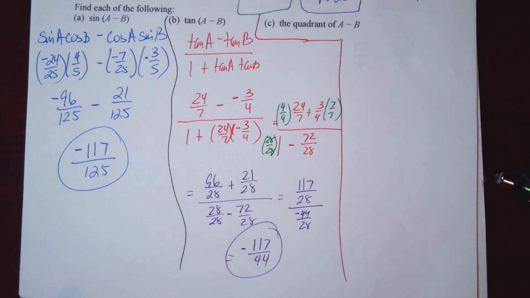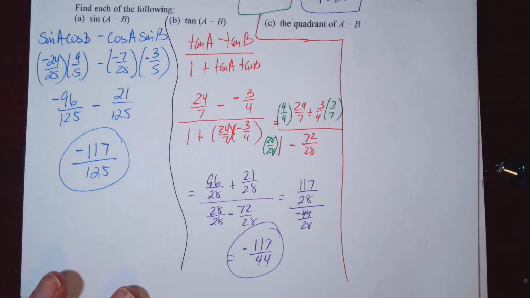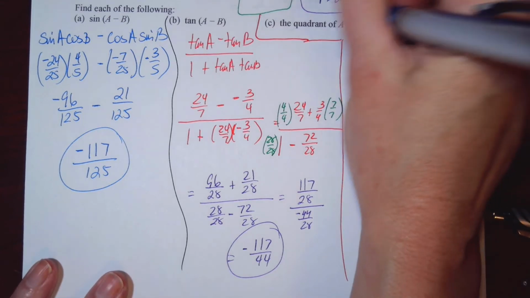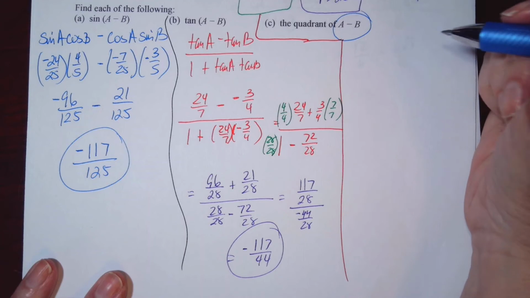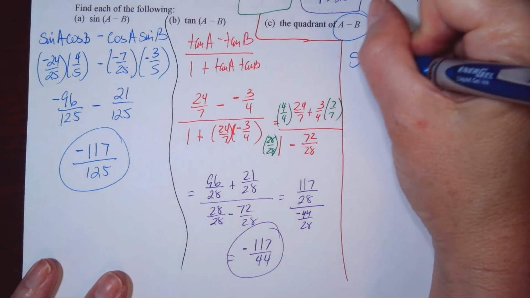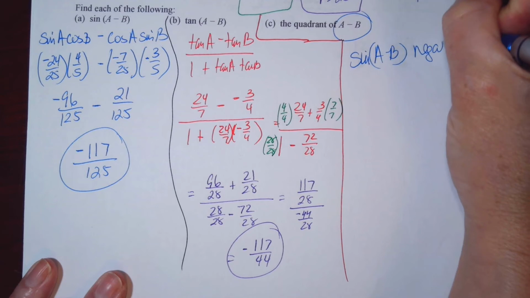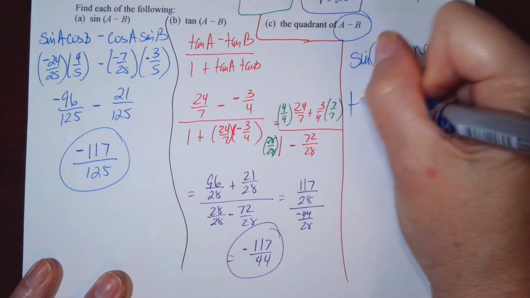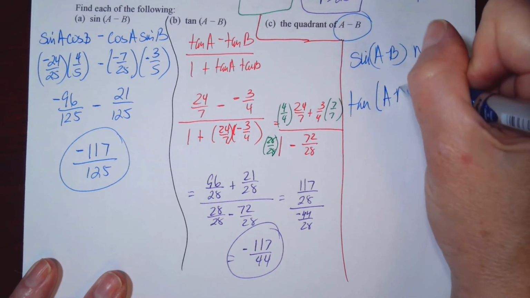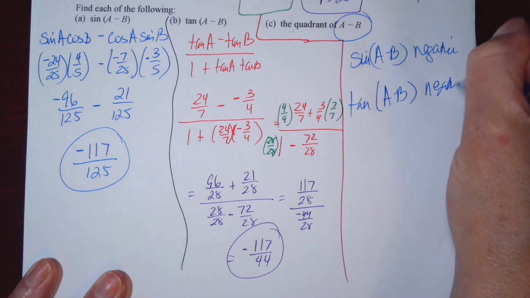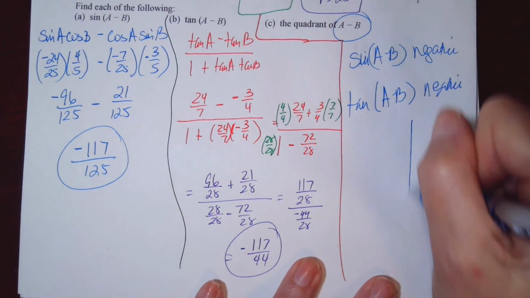Now we've got to figure out what quadrant this angle is in, A minus B. Quadrant of A minus B. Well, what do we know? We know that the sine of A minus B is negative, and we know that the tangent of A minus B is negative. So where does that happen?